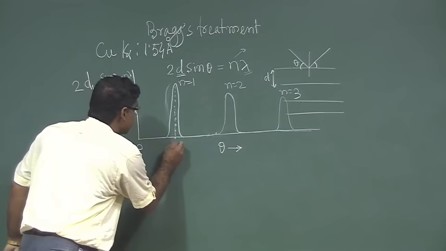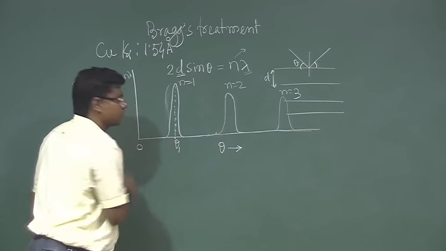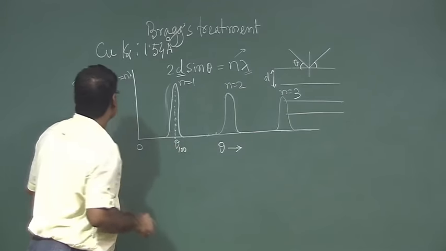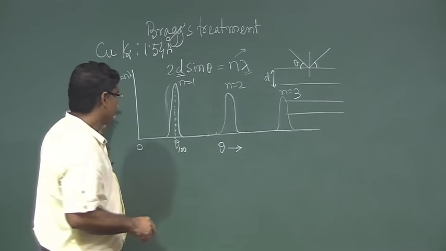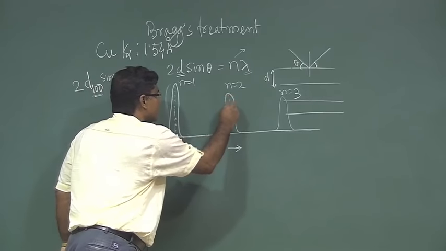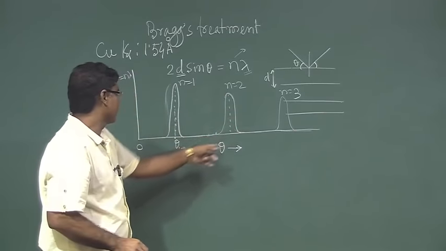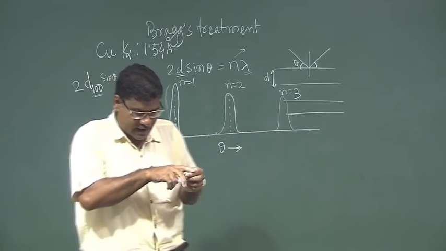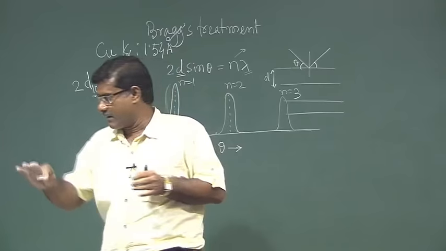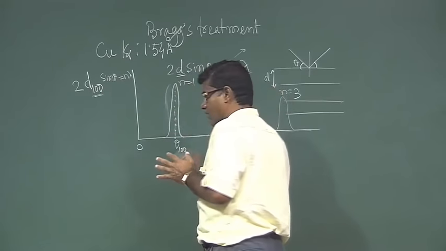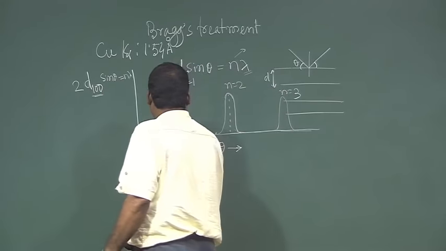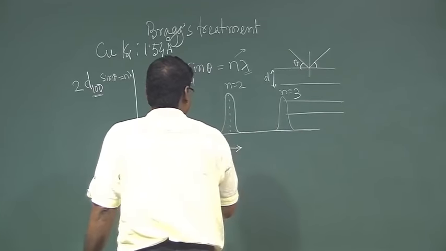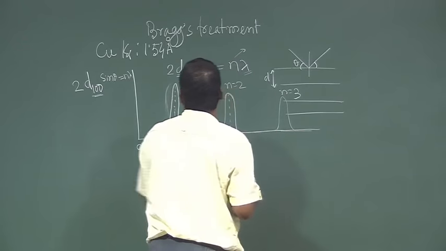So, if I scan the whole angle range, for a particular plane I will get diffraction or interference peaks at different angles.